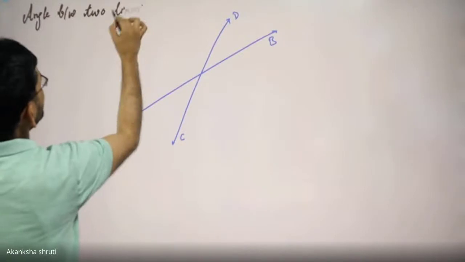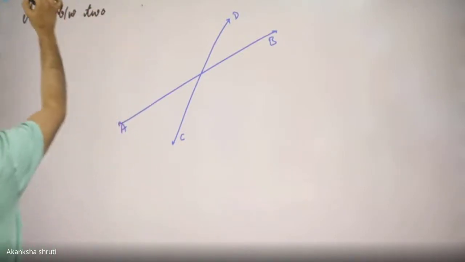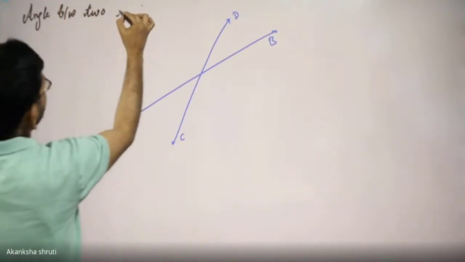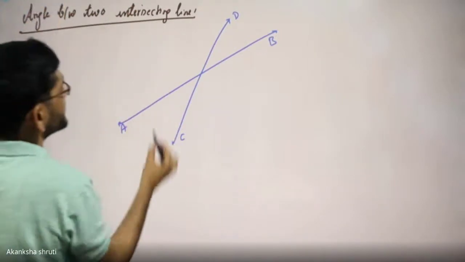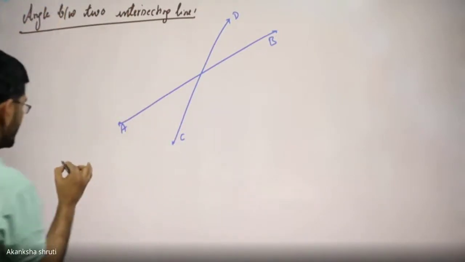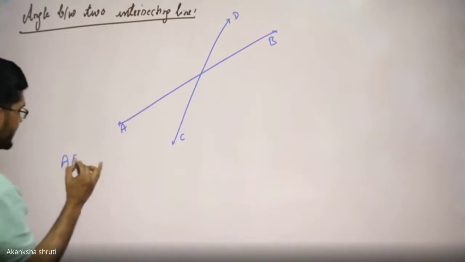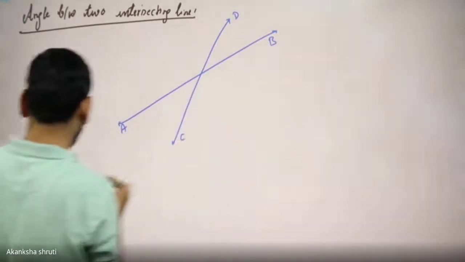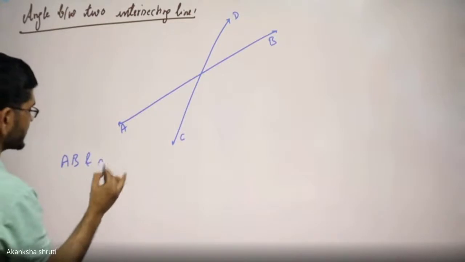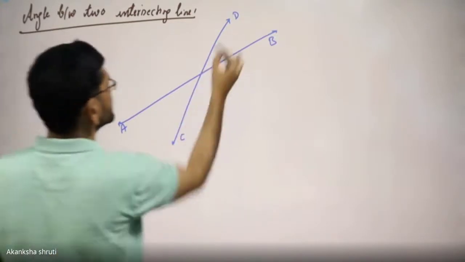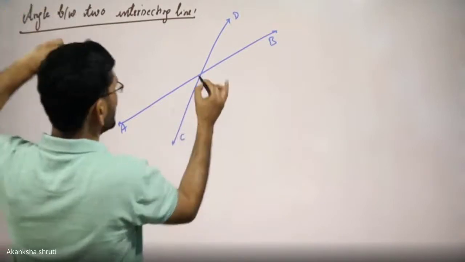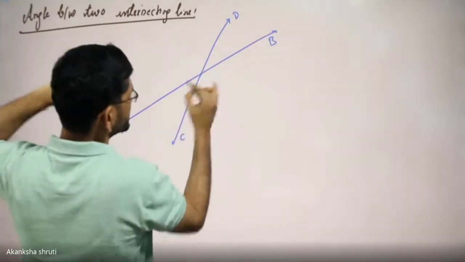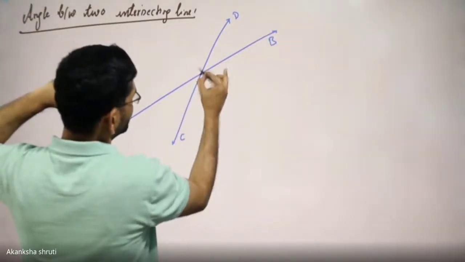So be careful, we are talking about the angle between two intersecting lines. Here one line is our AB, this straight line, and the other straight line is our CD. Then here we have the common point. This common point is called the vertex. Be careful.